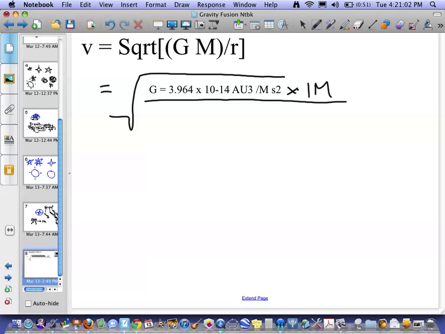So underneath that, I'm going to put my R, or the radius at which my star travels. Because the Earth is 1 AU from the sun, I'm going to put 1 AU under there. Yours will be different. Yours, if you recall, is the RI and the RO from your habitable zone.